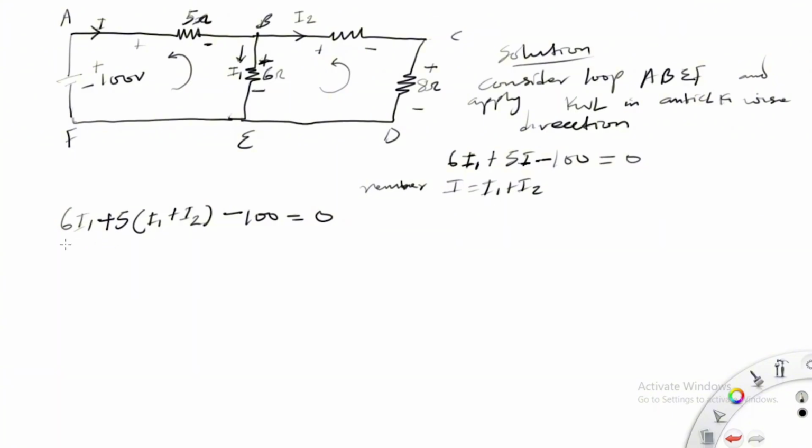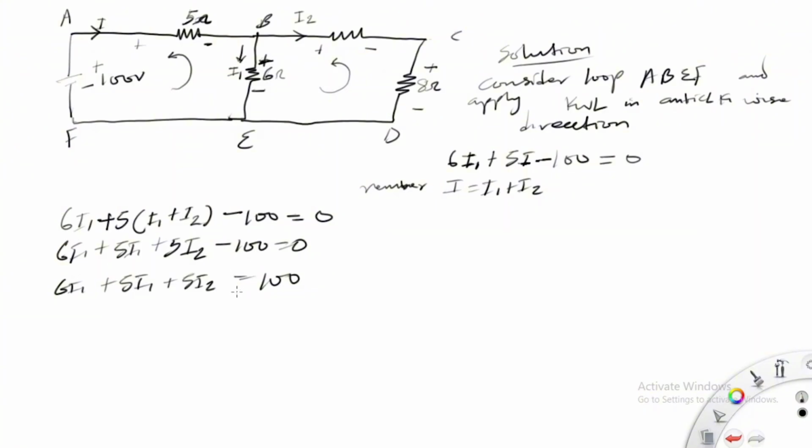So now what do we have? We have 6I1 plus 5I1 plus 5I2 minus 100 is equal to 0. So 6I1 plus 5I1 plus 5I2 is equal to 100.